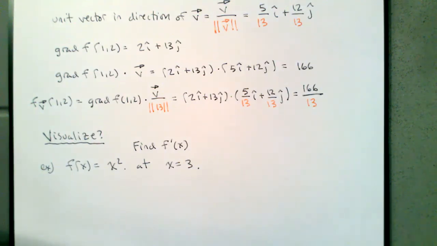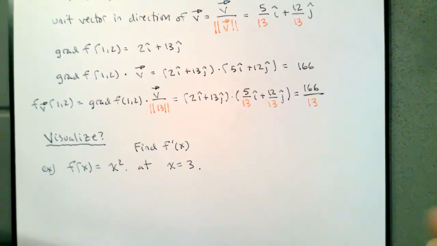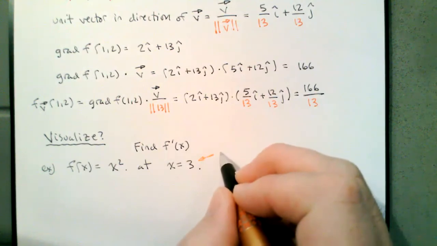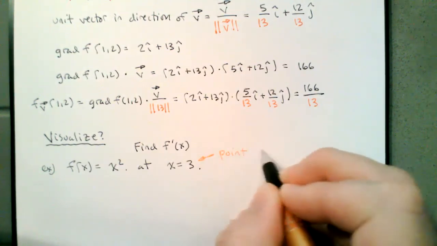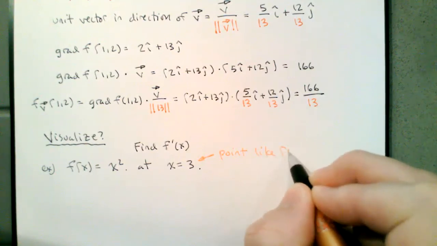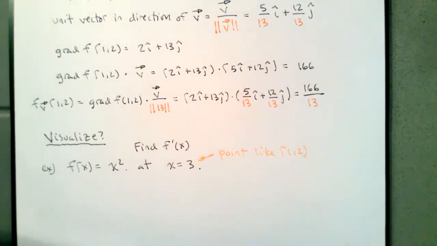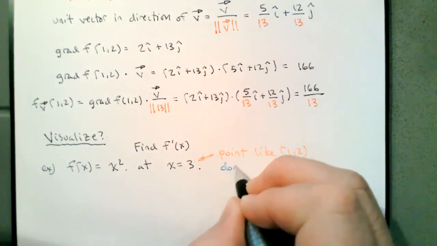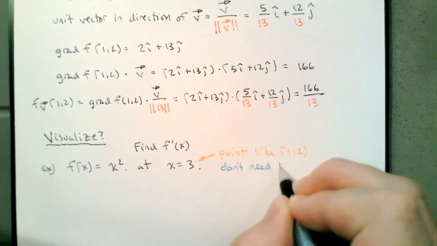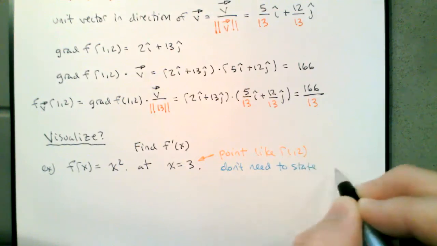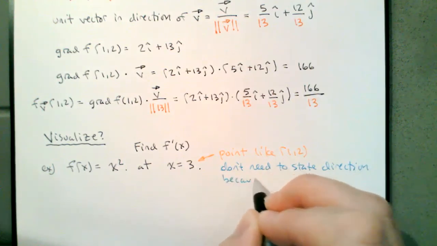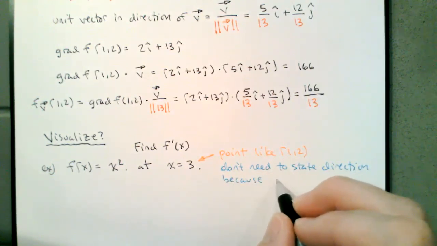So as a parallel problem, we need to state a point that corresponds to the point 1, 2, but we don't need to state a direction, because we're dealing with a single variable.